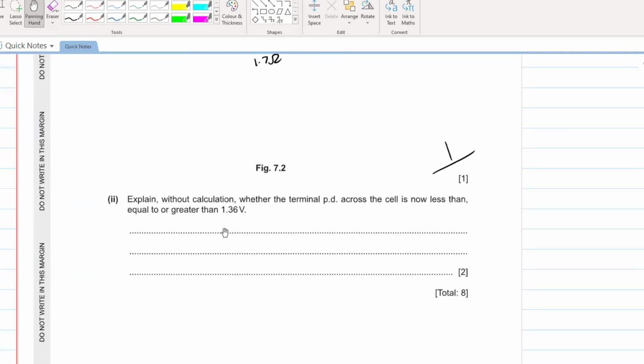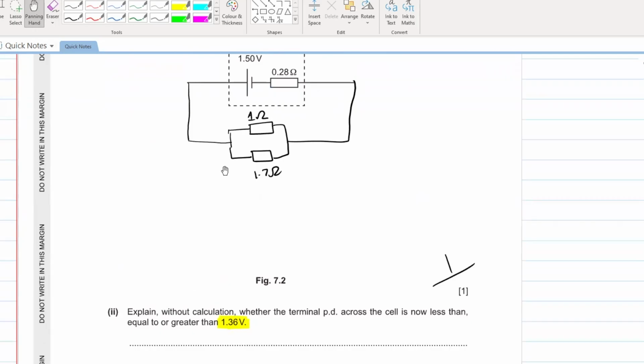Explain without calculation whether the terminal potential difference across the cell is now less than, equal to, or greater than 1.36 volts. Now this you have to think a bit. Beta, thoda sa aapne sochna padega yahan pe. If you connect the resistors in parallel, now just follow what I am doing. Sirf mere thought process ko follow karo, everything will get clear.